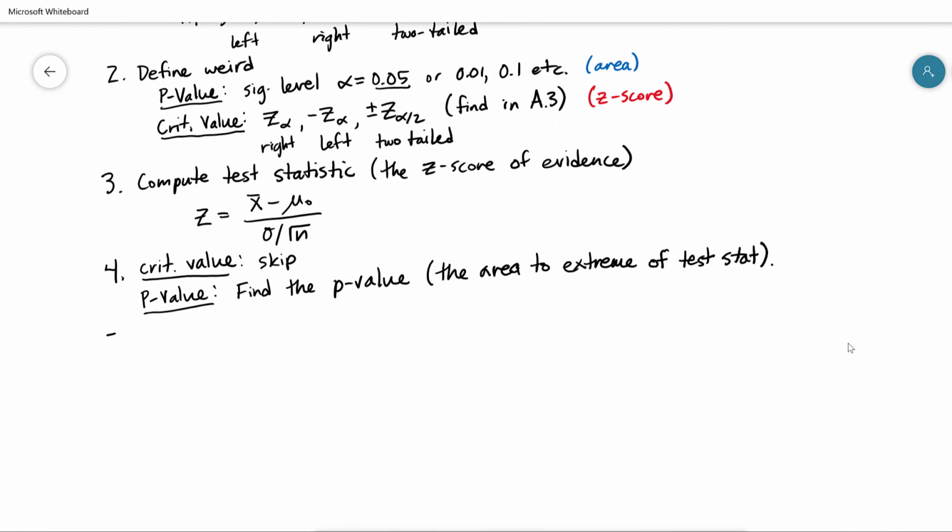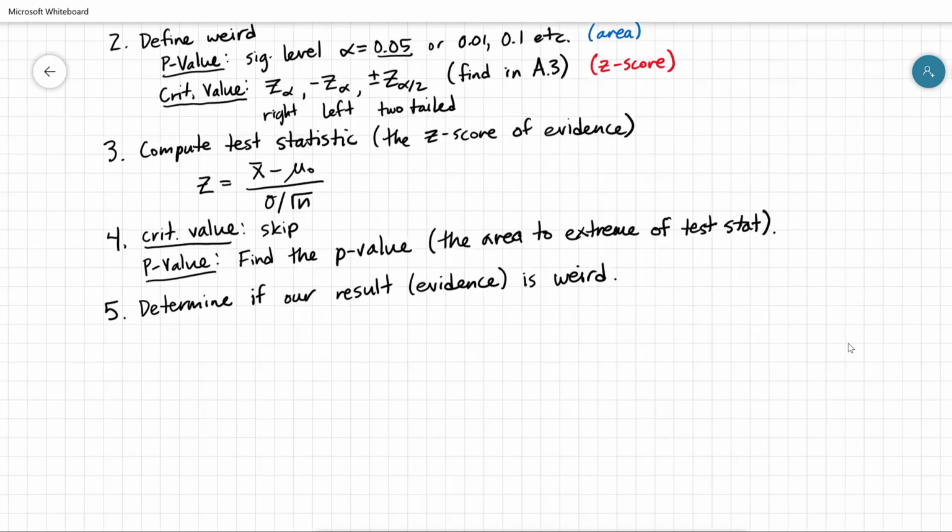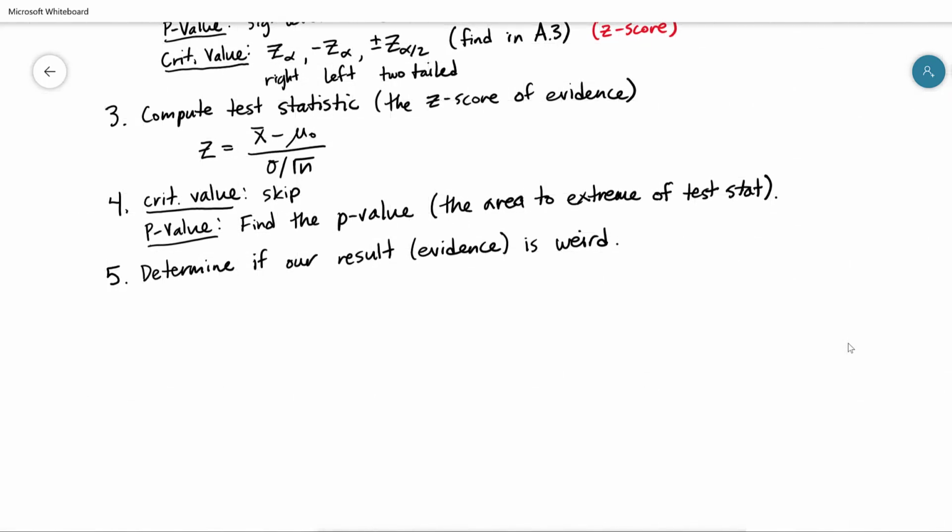And so step 5 is where we actually do our comparisons. So determine if our result is weird, and by our result, I mean the evidence is weird. How do we do this? Again, if we're doing the critical value method, I need to compare those two z-scores that we found.